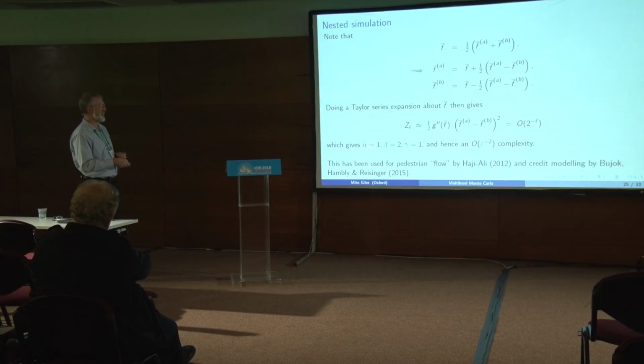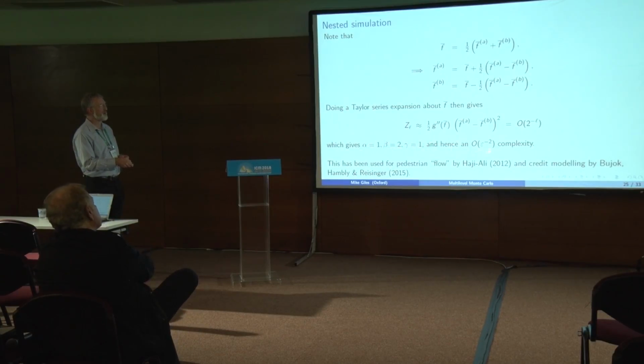So that's going to give us an alpha of 1. And then the square of this is what's going to give us the variance. So that'll give us a beta of 2. And then the gamma is again 1, because the cost scale is like 2 to the L. So again, we end up in this great regime where beta is greater than gamma, and so we get the optimal complexity.